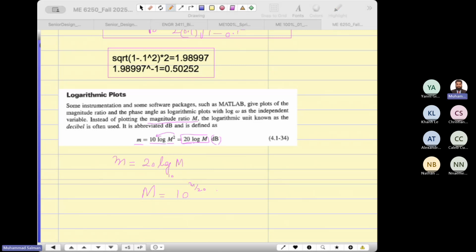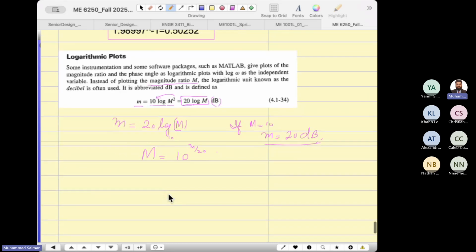So now, for example, if m equals 10, what will happen? Log base 10 of 10 equals 1, so the value is 20. 20 dB. We call it 20 dB.